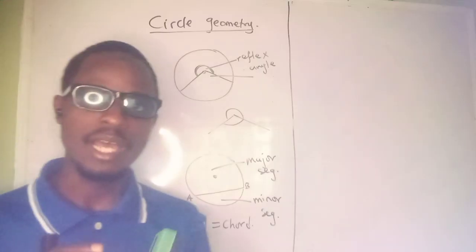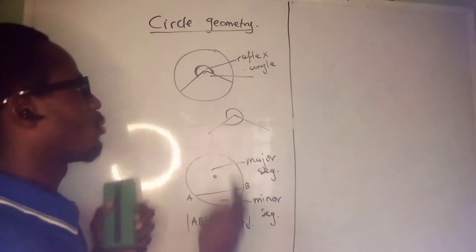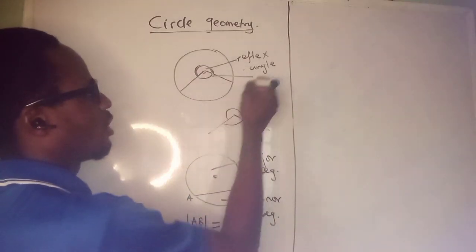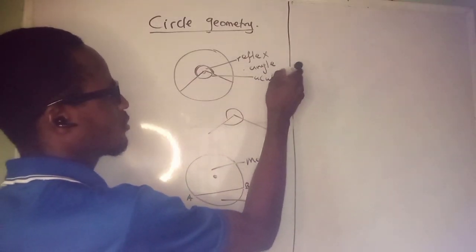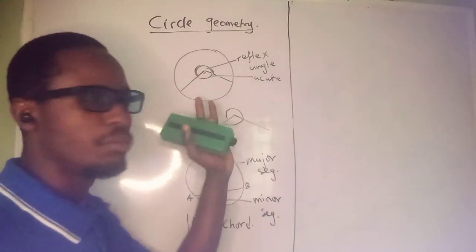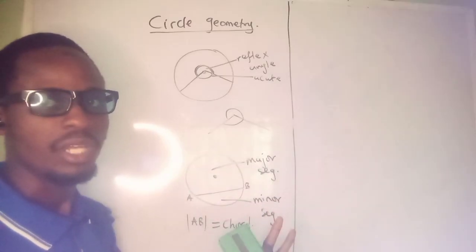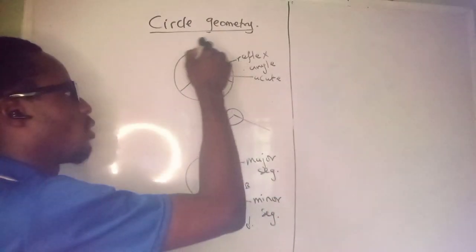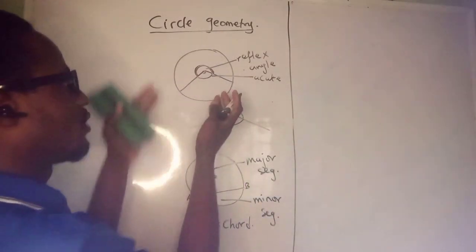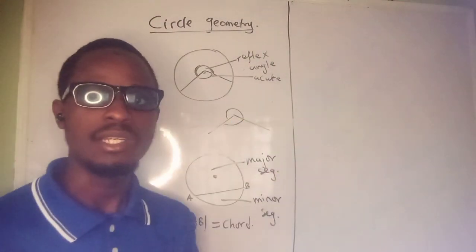We need to have this idea from plane geometry so we can apply it here as well. So these could be acute if the angle is less than 90. Then it could be obtuse if it is greater than 90 but less than 180. However, this is always a reflex. So even if I turn the triangle like this, the biggest side, which is greater than 180, is a reflex angle.